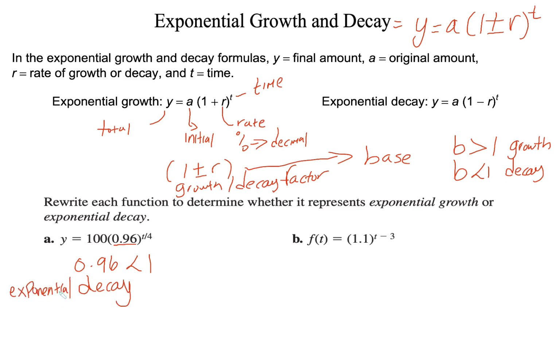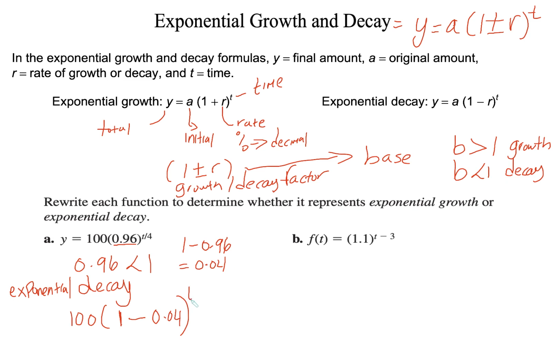Now if we want to rewrite our function, such as the original formula, it would be 100 times 1 minus. Now we have to figure out what our rate is. The 0.96 is your decay factor. So to figure out my rate, I'm going to take 1 and I'm going to subtract 0.96, which gives me a value of 0.04.